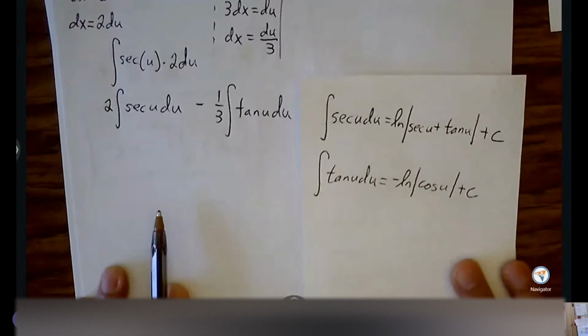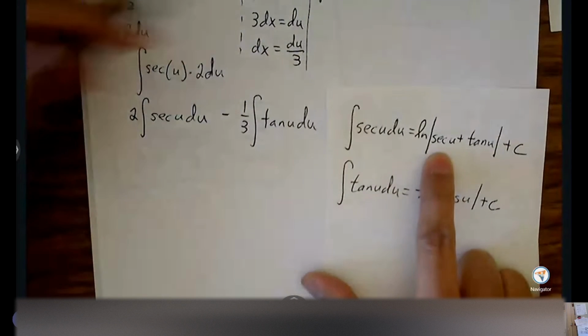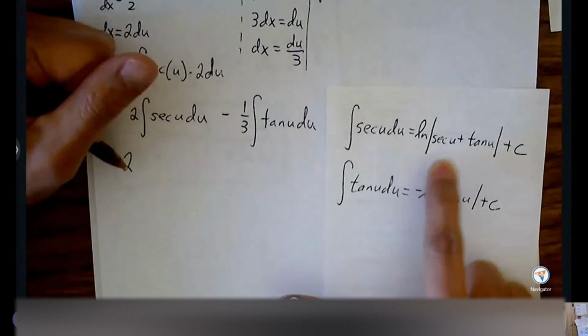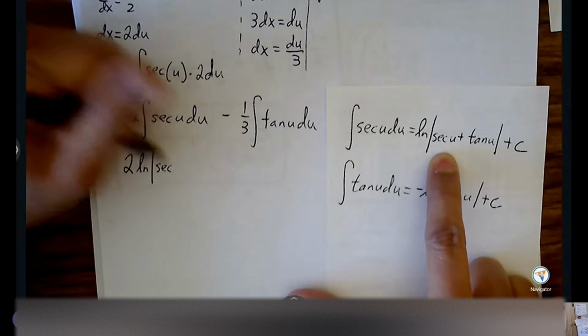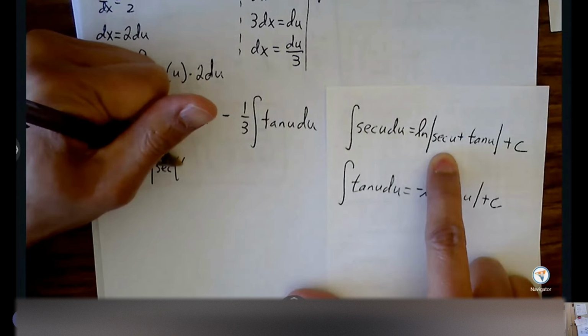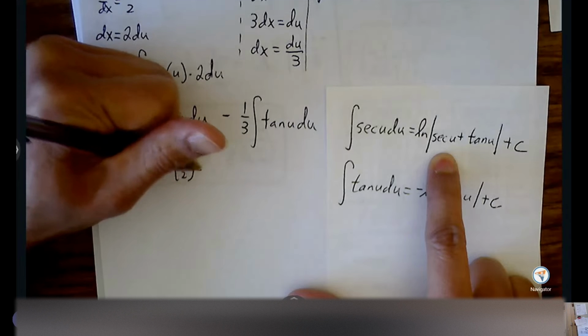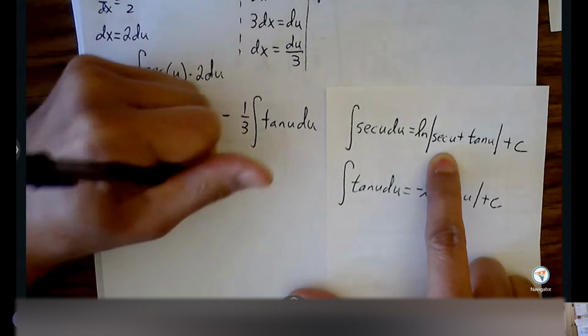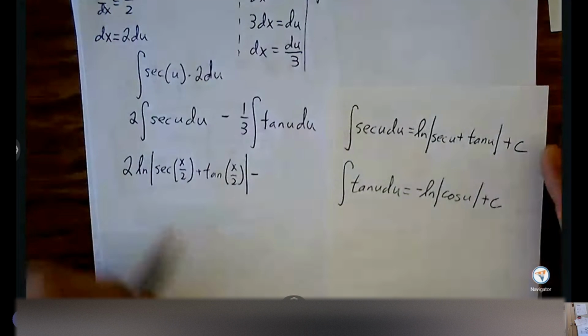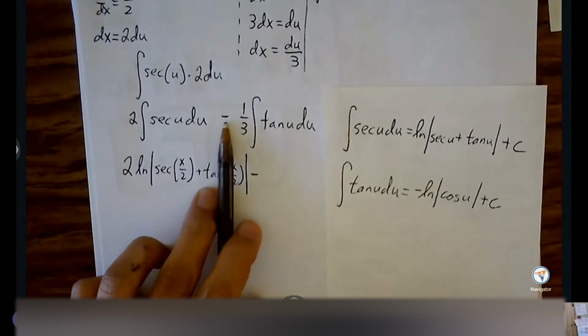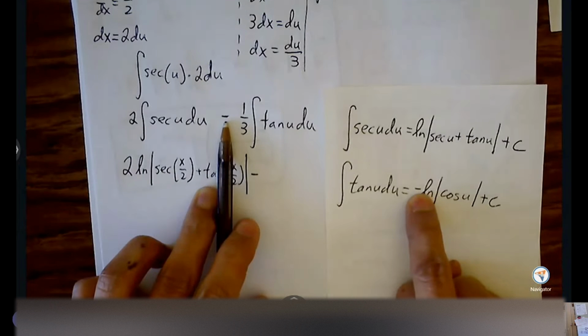So now we have our rule here in front of us. 2 secant becomes natural log absolute value. Replace the u back in terms of x. Now, there's a negative in front of the second integral, but there's also a negative in front of my rule.